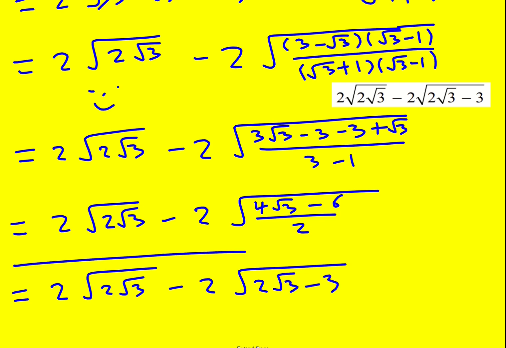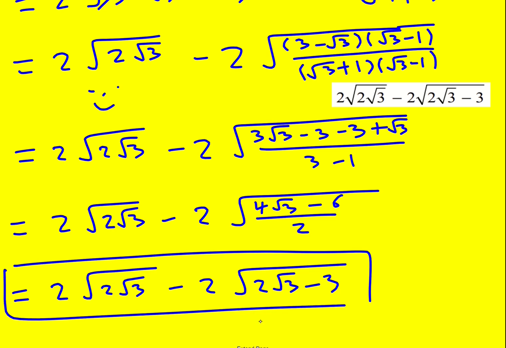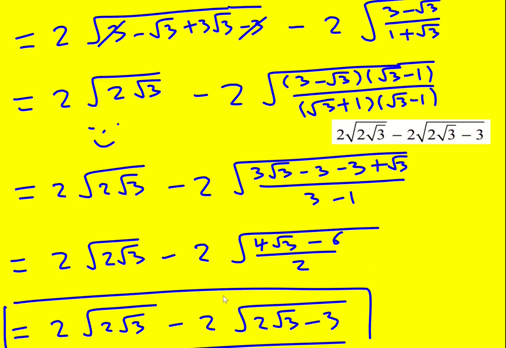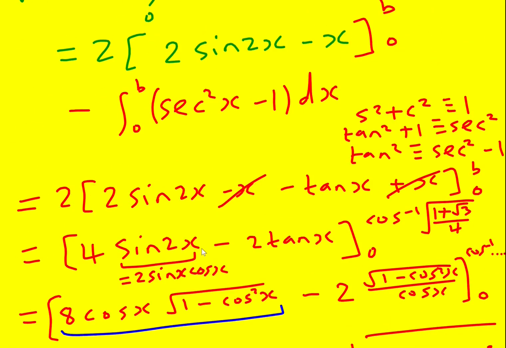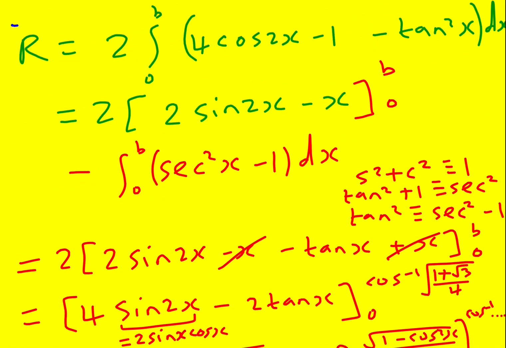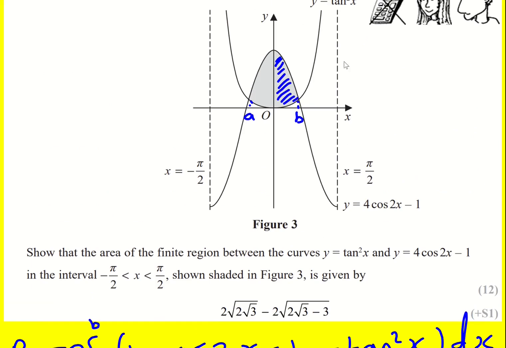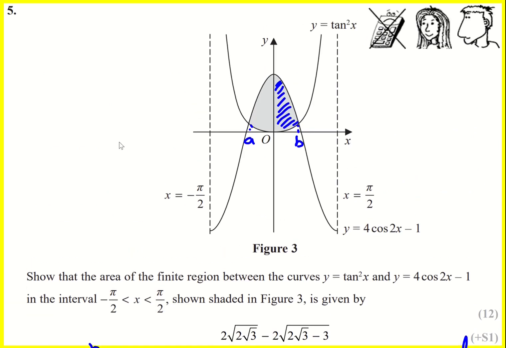Whew, we are there. Both terms looking good. Lots of stuff going on in this question, but we've managed to find the area. And yes, it's kind of complicated, but isn't it amazing that we can actually find that exact value without a calculator between these two curves.